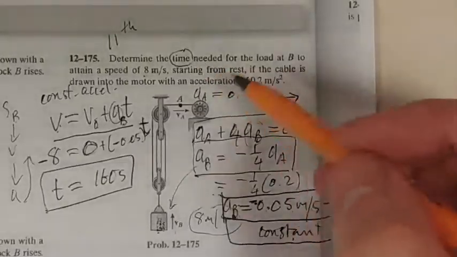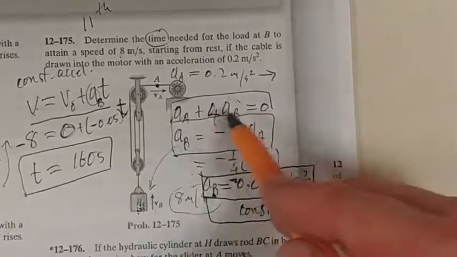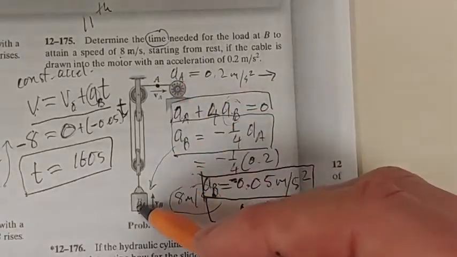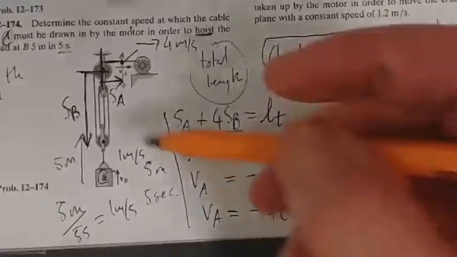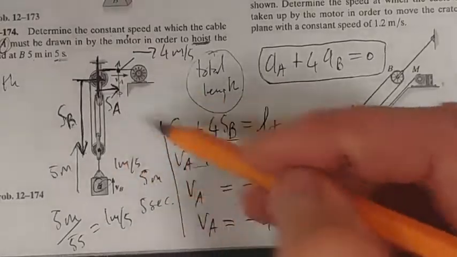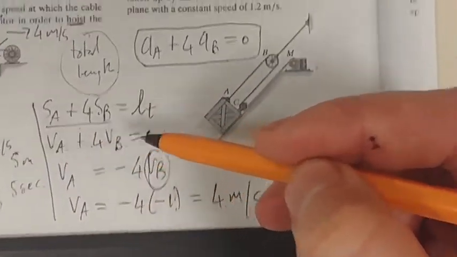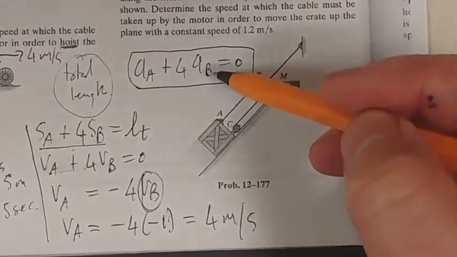Okay? So again, we started with our acceleration. We needed the relationship between that acceleration and that acceleration. We got that from this initial position relationship, the total length. We differentiated that. We got our velocity relationship. We differentiated that. We got our acceleration.